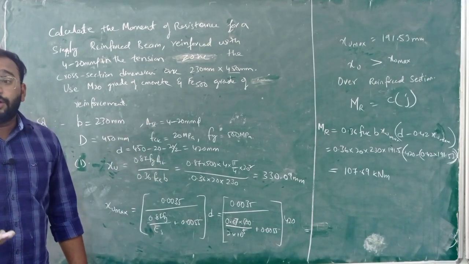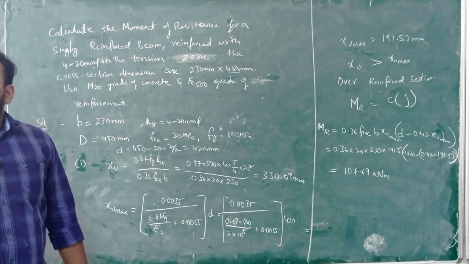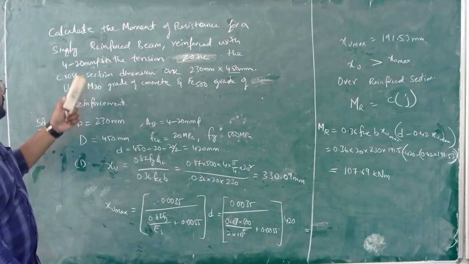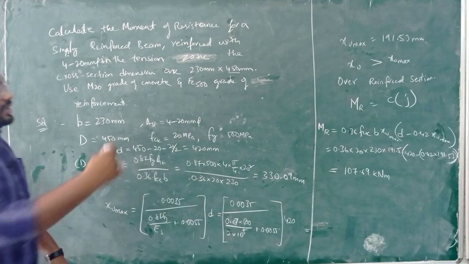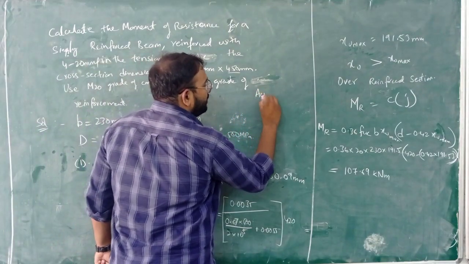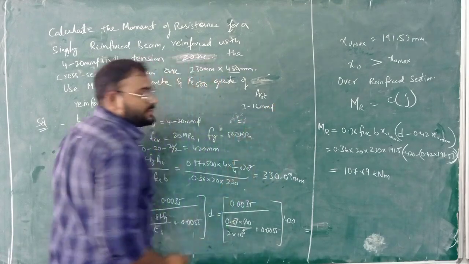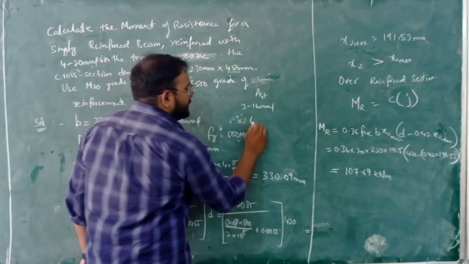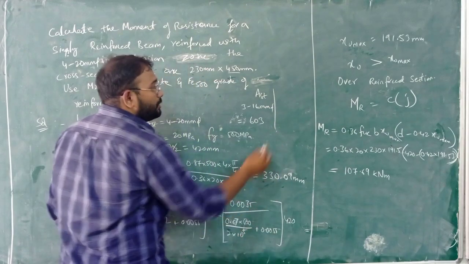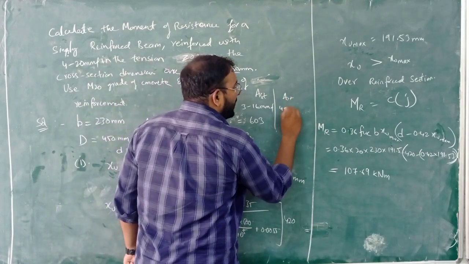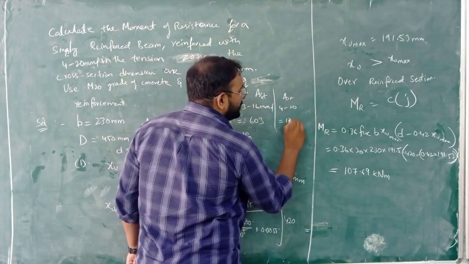Now substitute in this formula 0.36 multiplied by 20, b is 230, into 191.5, multiplied by d which is 420 minus 0.42 into 191.53.